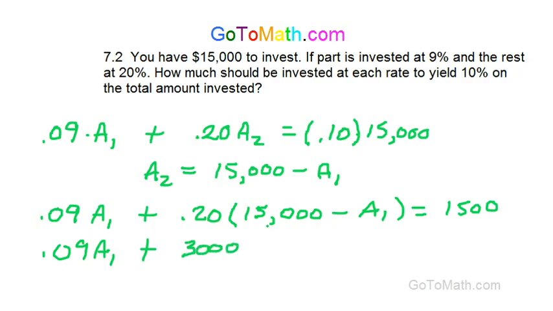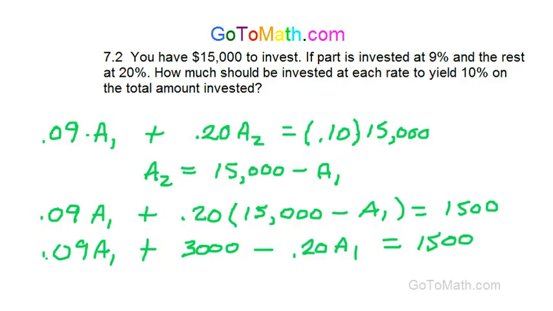That's right, isn't it? 20%. Okay, we'll go with it. We're just distributing that 0.20 across 1,500. So we're trying to solve for A1 here.